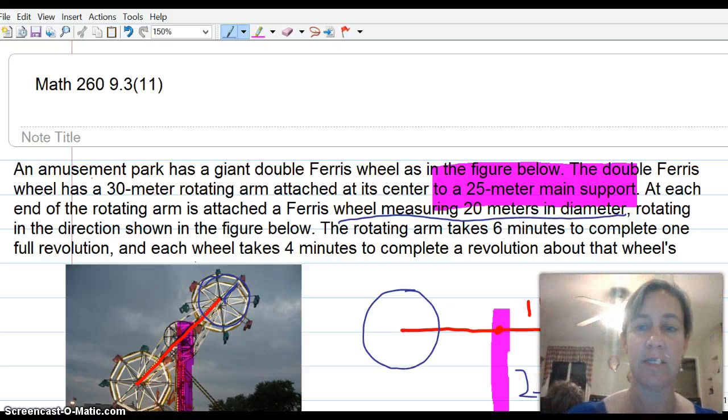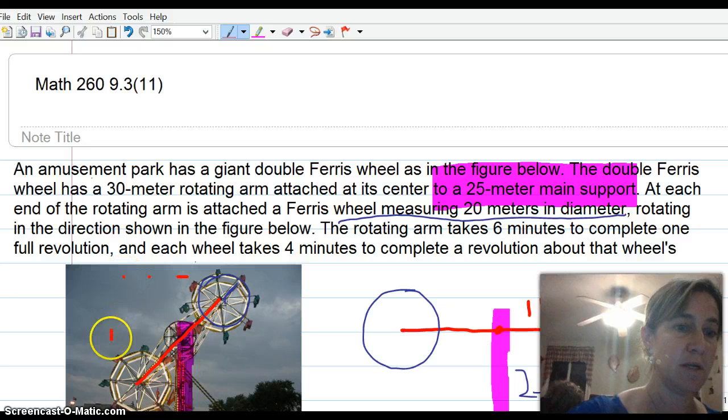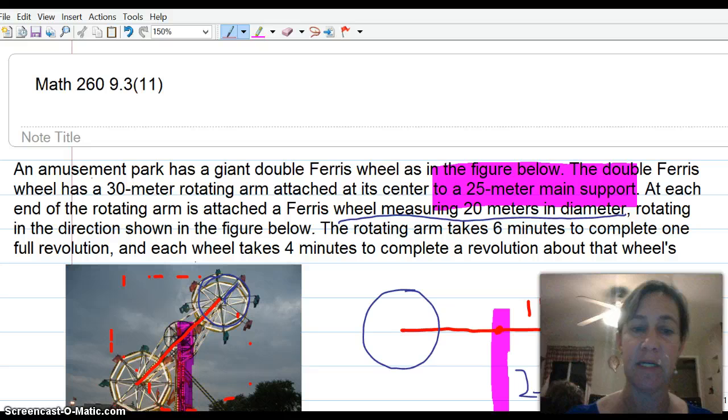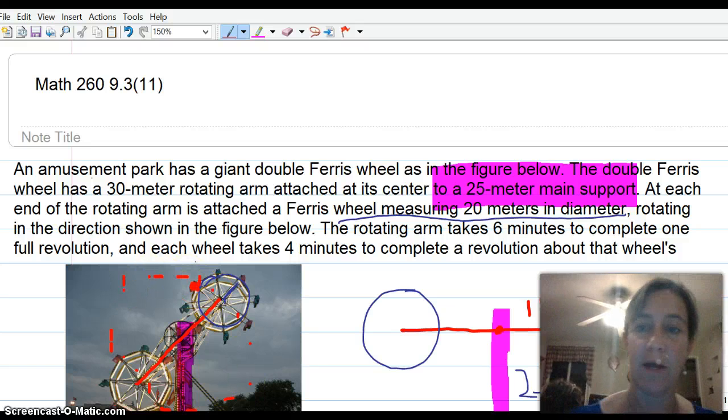So now it tells us that this large rotating arm, the one that I have here in the real picture in red, keeps spinning around and around, and this takes 6 minutes to complete one revolution. So this guy right here takes 6 minutes to go all the way around.